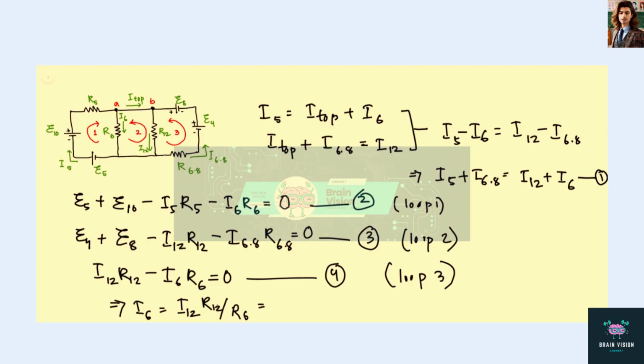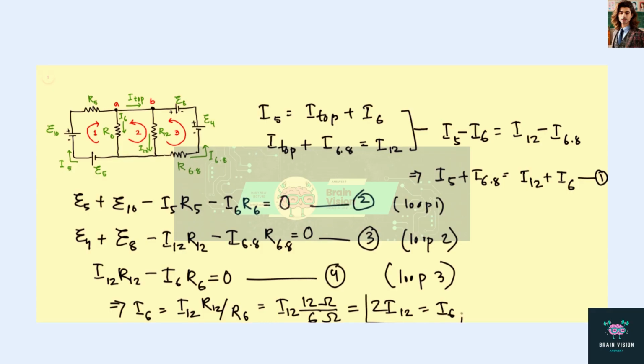Since these basically represent the value that's equal to the subscript, we can plug that in. You can cross check that if the resistances actually have these values. So we have I6 equal to twice I12.